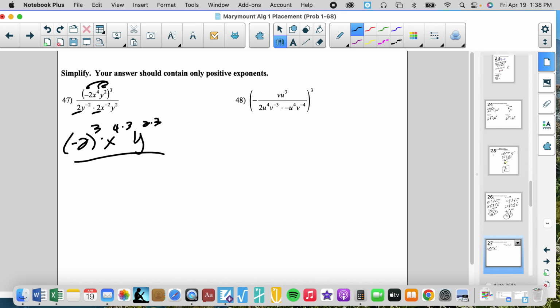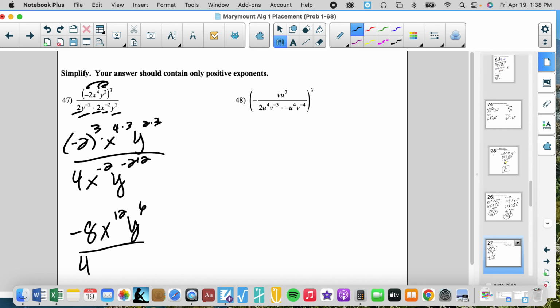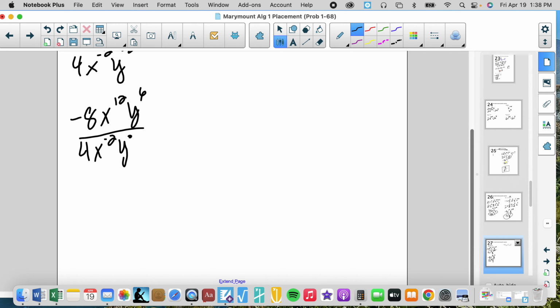We have coefficients, that's going to be 4. We have x to the negative 2, and then this is y to the negative 2 plus 2. So this is going to be negative 2 times itself 3 times, which is negative 8, x to the 12th, y to the 6th, over 4, x to the negative 2, y to the 0, which is 1, technically.